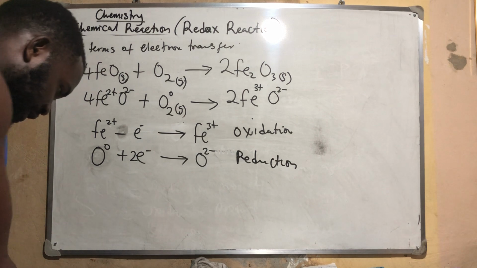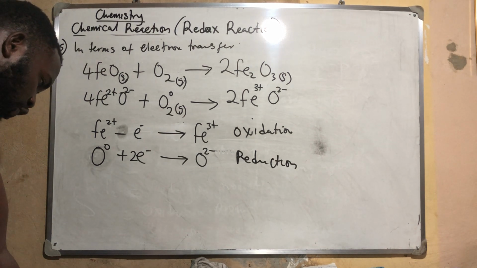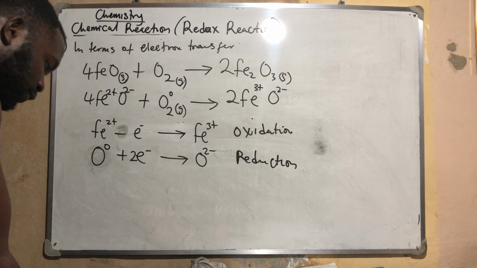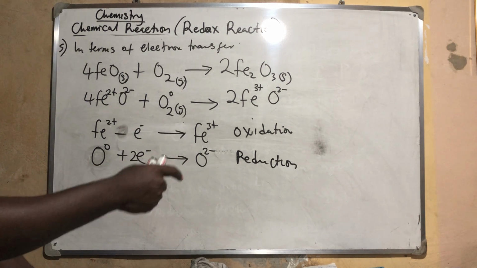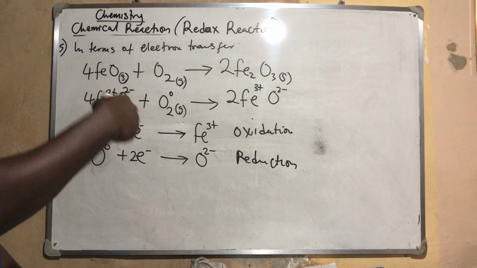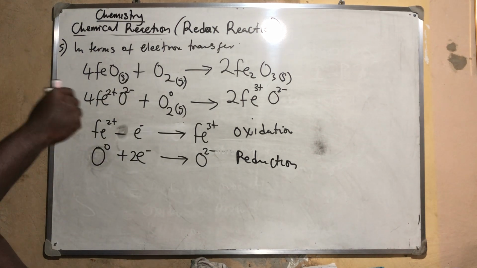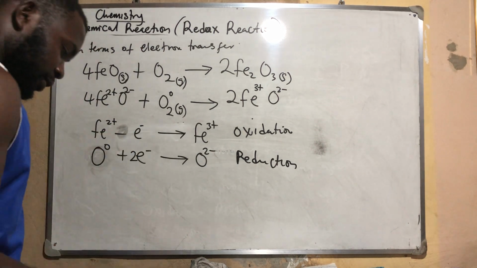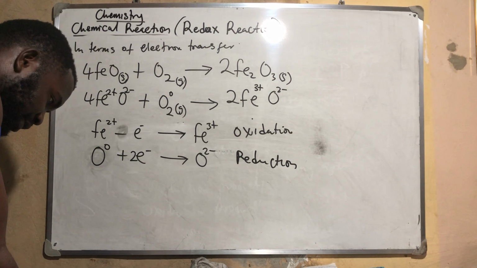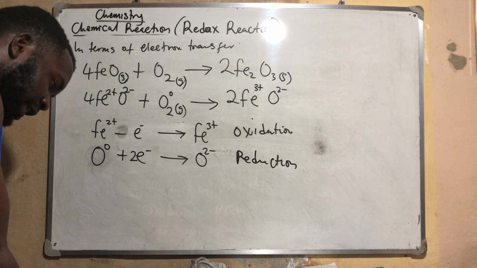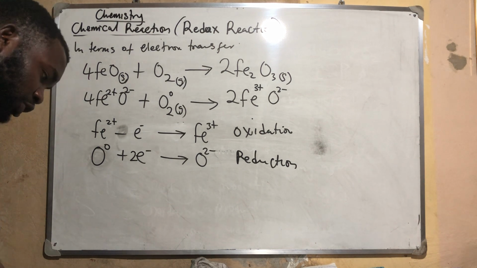Let me explain it. They said, note the oxidation number of Fe increases from +2 to +3. Why? He gave out. When you give out to somebody, you are increasing, because the person is owing you, but when you receive, you are reducing. So this means loss of electrons equally means increase in oxidation number.